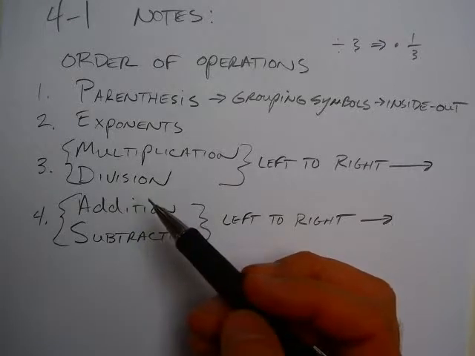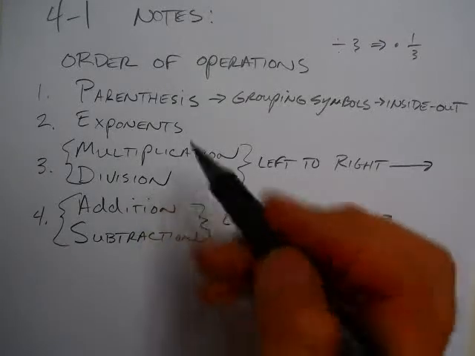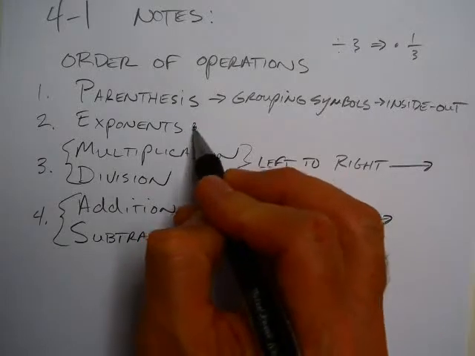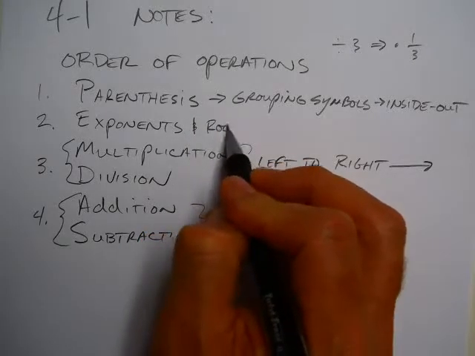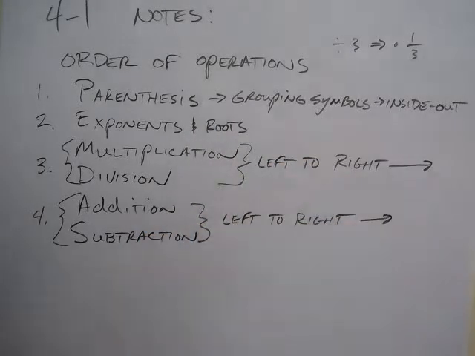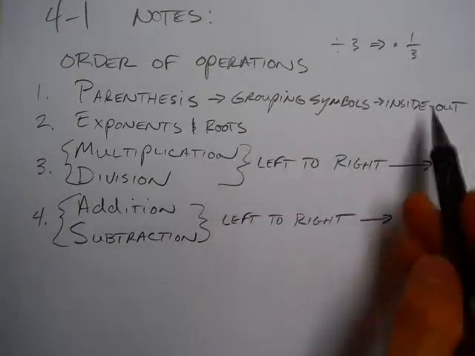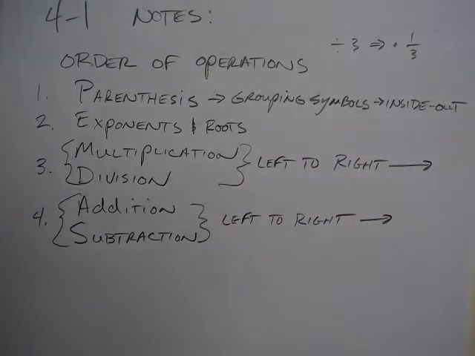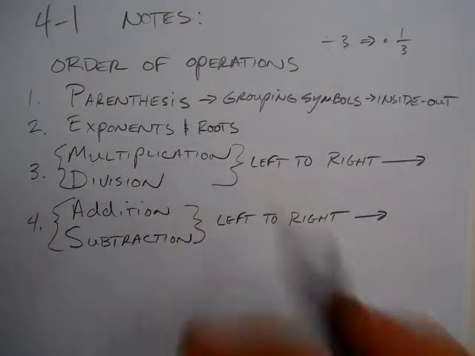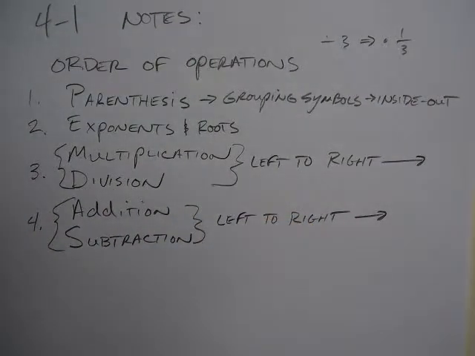They're really the same sort of operation, so it would fit in here too. Exponents and roots. I've not really seen many problems where it's left to right, but inside out possibly could apply. Anyway, we won't see a lot of that in this class, but you'll see it in the future.